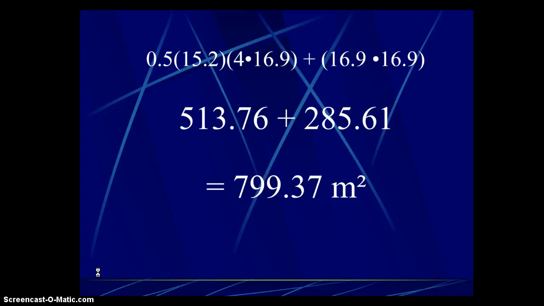The base. The 4 sides, the perimeter of the base. And then 16.9 times 16.9, that is the what for the base? 16.9 times 16.9 is the area for the base. Yes. And that's your formula.